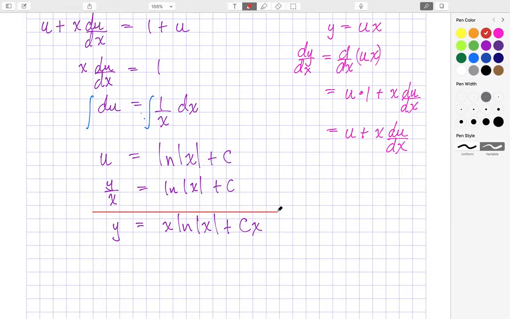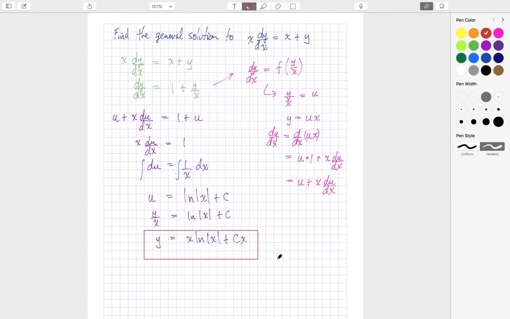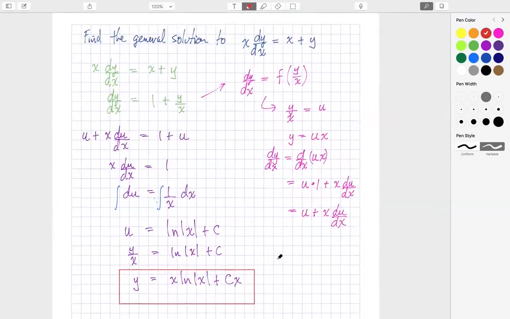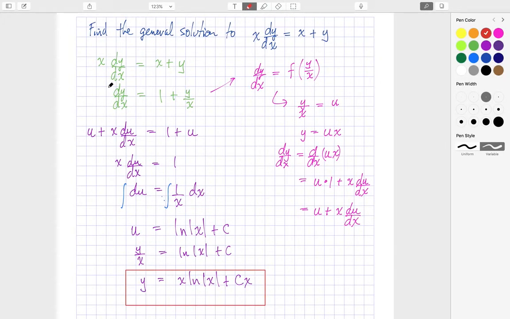And so if we had an initial condition or some boundary condition of some sort, we could solve for the constant c. But again, I want to highlight the fact that this was made possible by the fact that we could rearrange the original equation so it was dy by dx is some function of y over x right here.